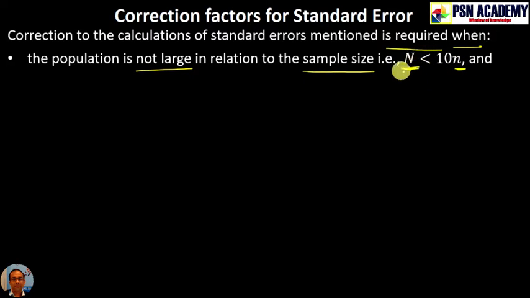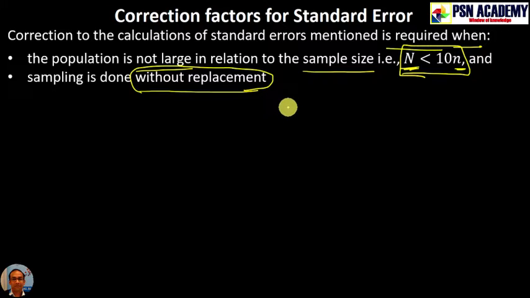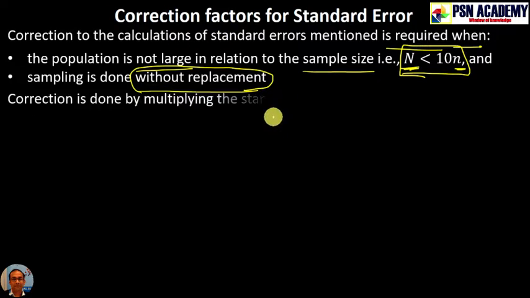Now, if the population size capital N is less than 10 times the sample size, then we say that the population is not large, and the sampling is done without replacement. That means you are not having a large population based on this relation, and you have done sampling without replacement. Now, if you go for sampling like this, then you need the correction factors.